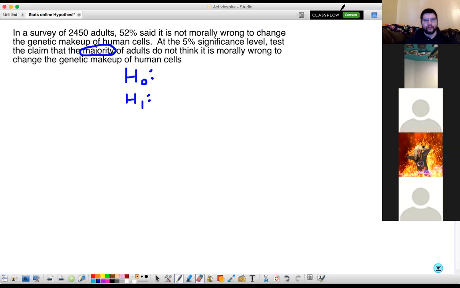H1, yes. So Jordan, yes, you're correct. It's greater than 50%. So that goes in the alternative. Then H0 is the opposite of that. So our null is less than or equal to 0.5, our alternative is greater than 0.5, and that is where the claim is.